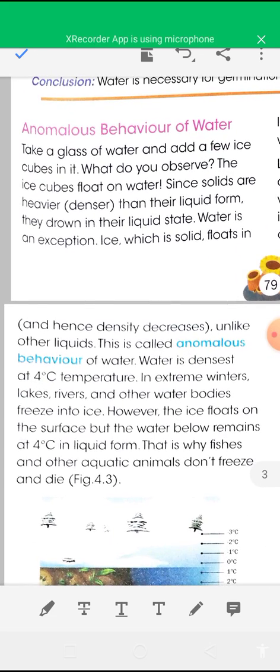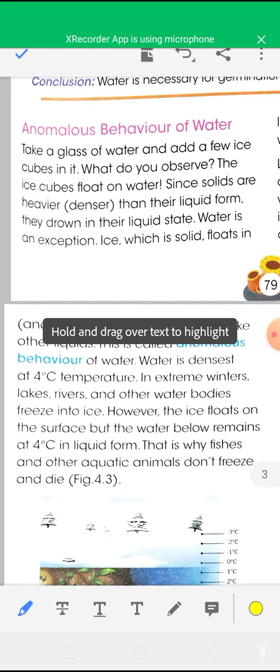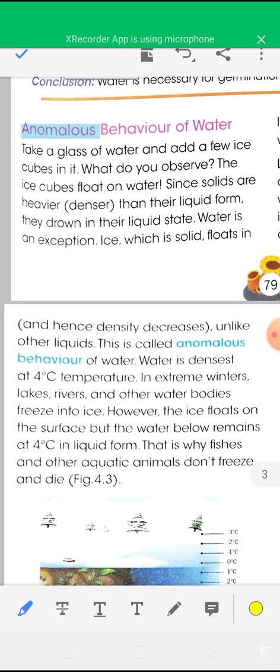Now see an important property of water, that is the anomalous behavior of water. Anomalous or exceptional behavior of water. Generally we observe that when a solid is placed over a liquid, the solid sinks or dissolves in the liquid.